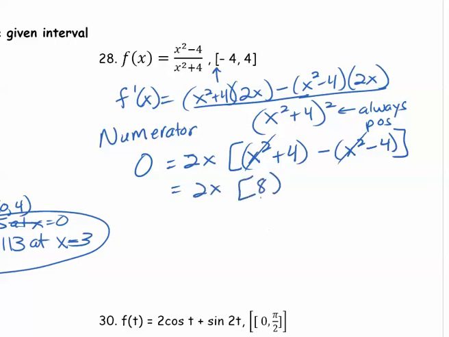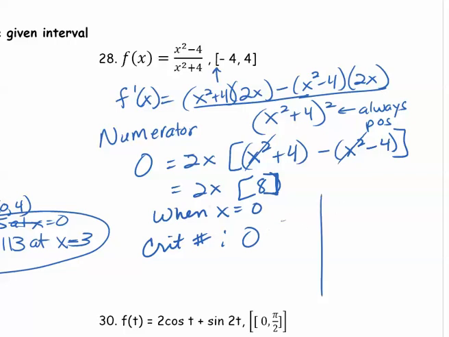So when is that numerator equal to 0? That would be when x equals 0. So that's our only critical number, I believe. Then we would have to do our closed interval test and find out where we get our absolute max and min.